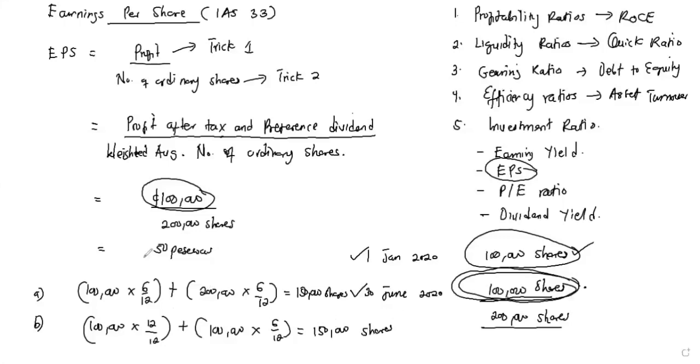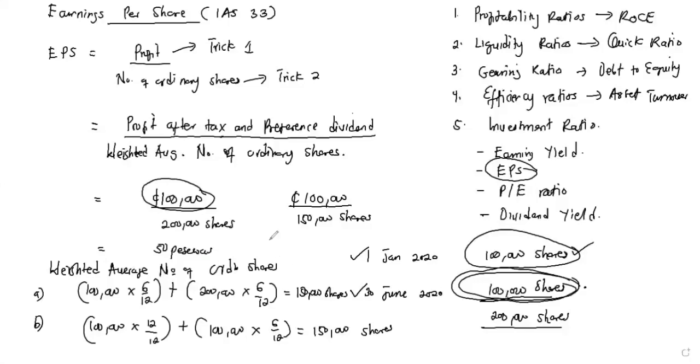So what I just taught you is what we call the weighted average number of ordinary shares. It means that instead of dividing the 100,000 cedis, which is the profits, by the 200,000 shares, we rather divide by the weighted average number of shares, which is 150,000 shares, isn't it?